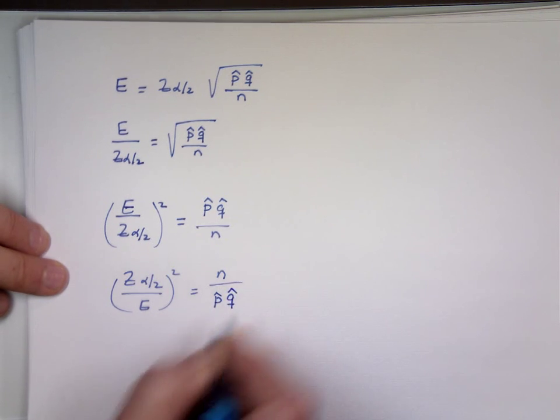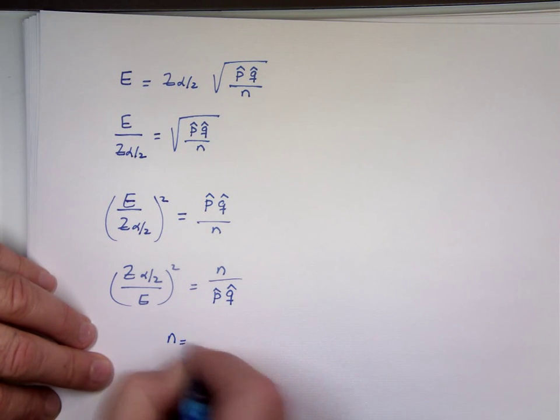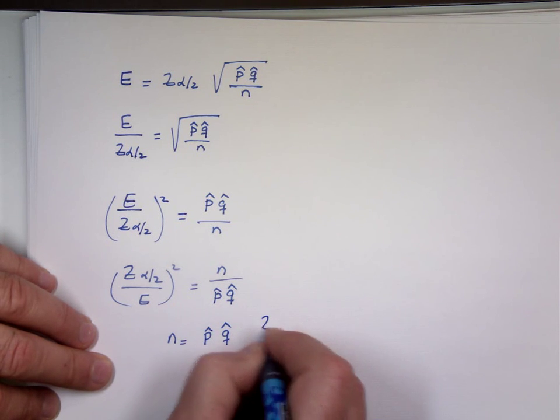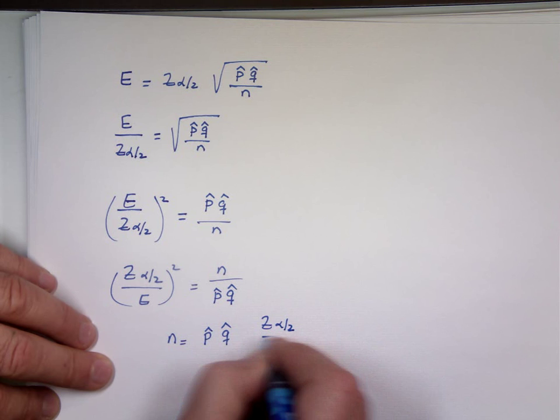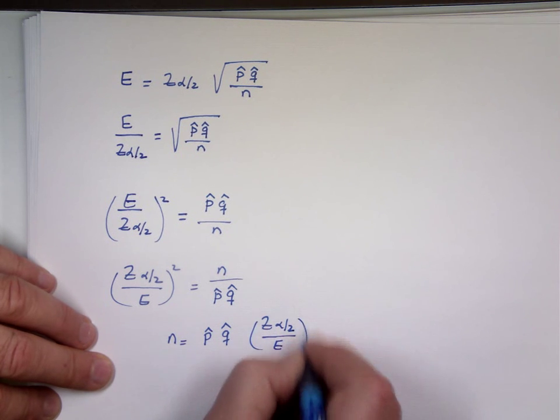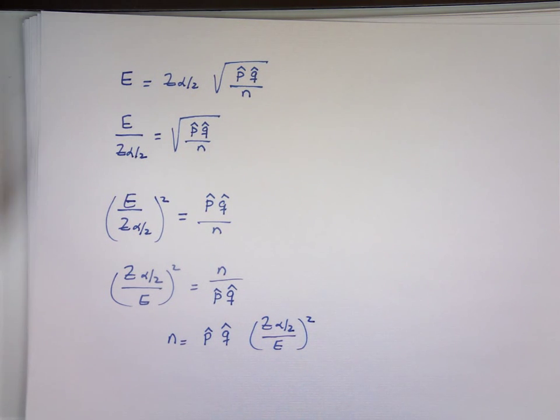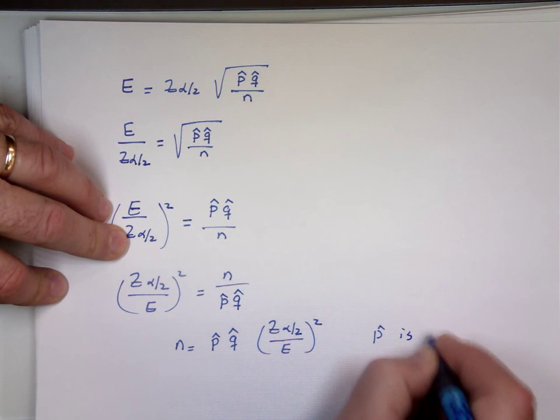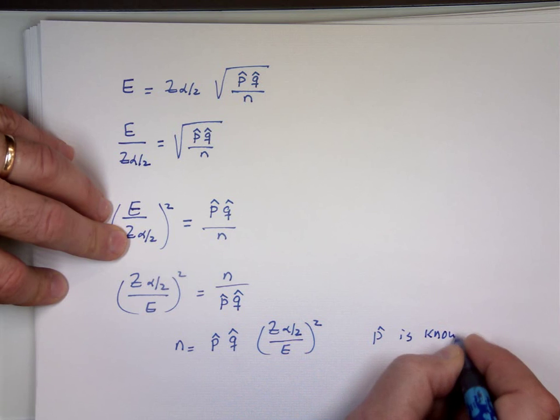And that tells you n equals p hat q hat z alpha over 2 over e squared, if you know p hat and q hat. p is known. What about p is unknown, p hat?